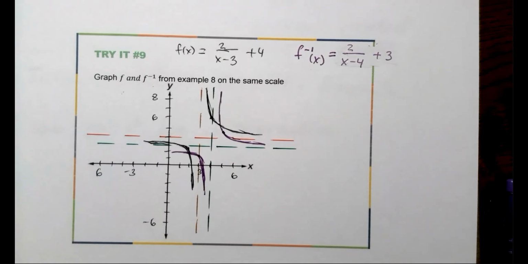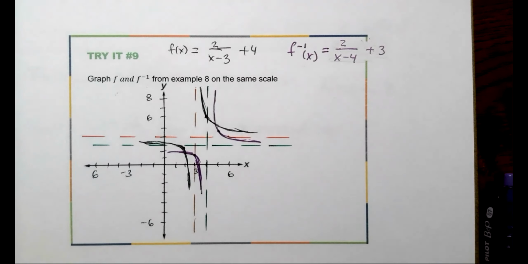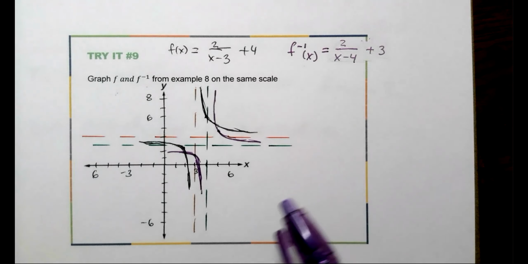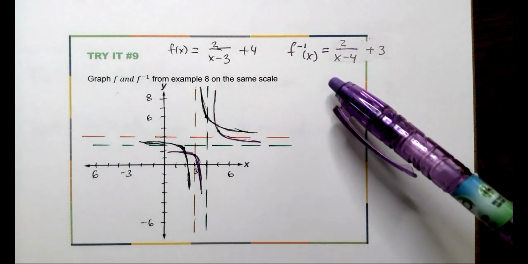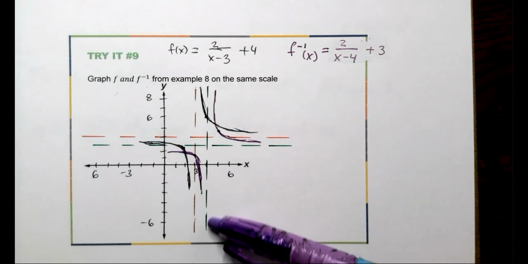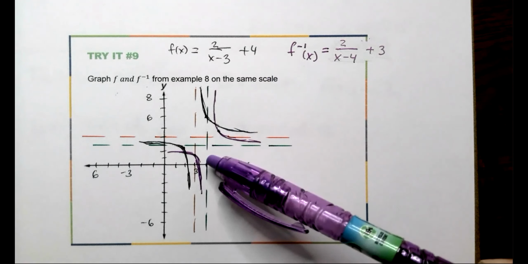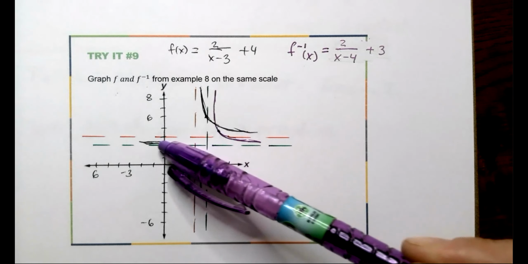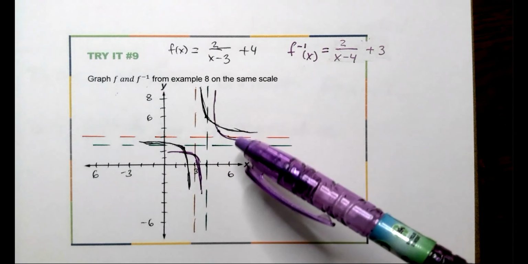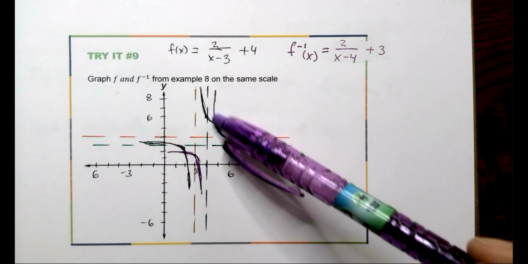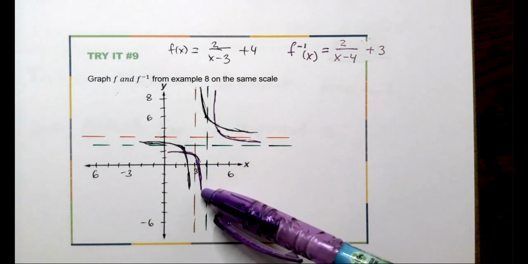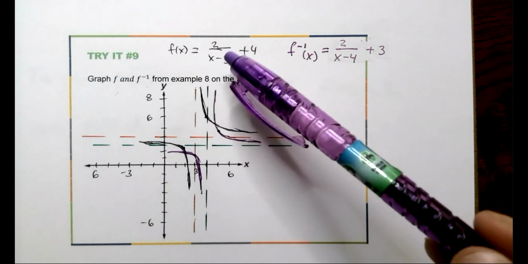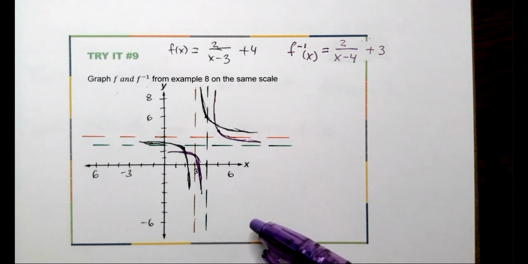So here's my final sketch of these functions. For the inverse function, the asymptotes are in green, so it goes through 4 on x and through 3 on y, and the graph is in purple versus black for the original function.